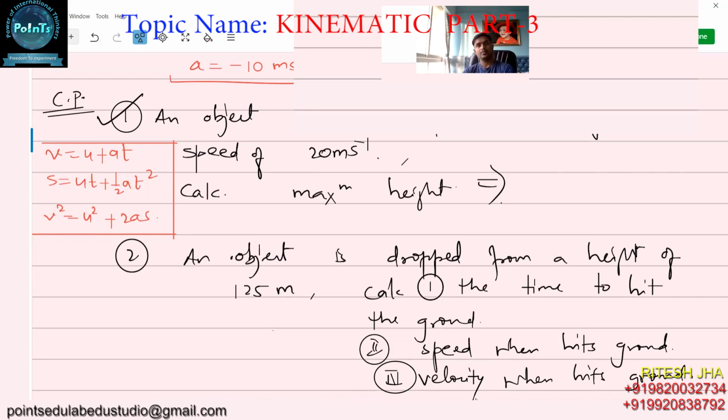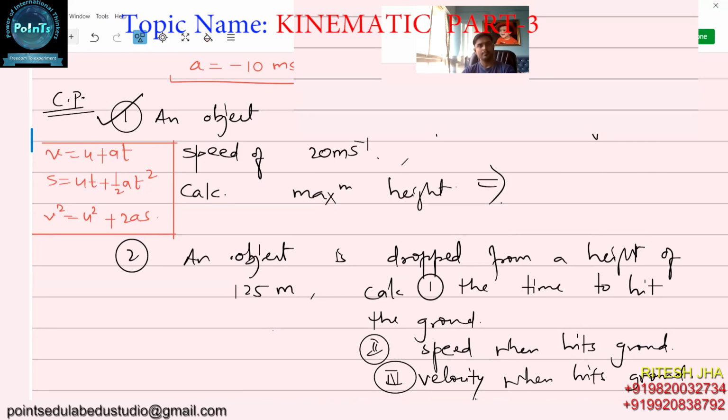An object dropped from a height of 125 meters, that's it, ground. How much did you say? 60. Okay, which formula did you use? Essentially, I divided 20 by 10 because that's negative deceleration.